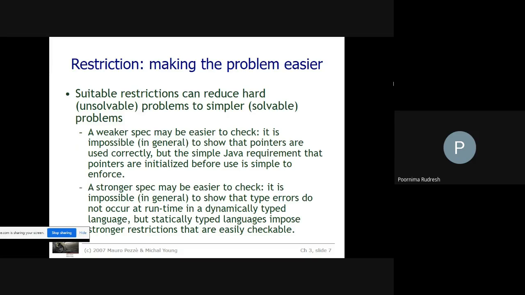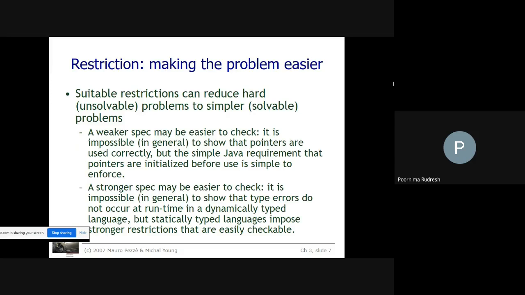So here we are imposing the stronger and the weaker restrictions. So in the case of dynamically typed languages, we can assure that the type errors do not occur at the runtime or during the dynamic linking. But in the case of the statically typed languages, we have to impose the restrictions that are easily checkable. So this is about the restriction.